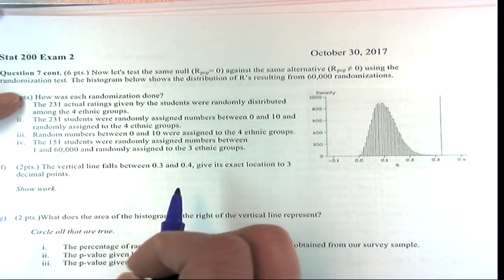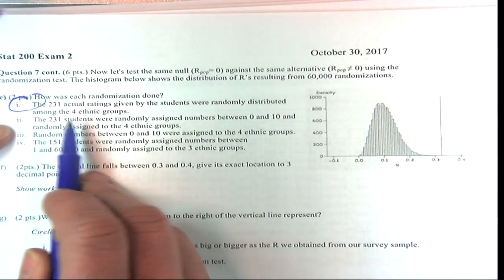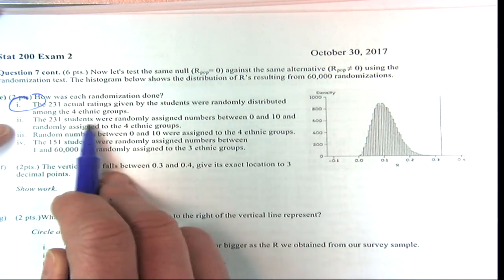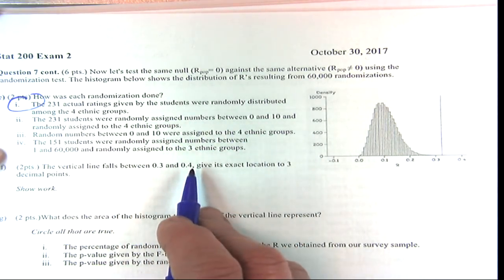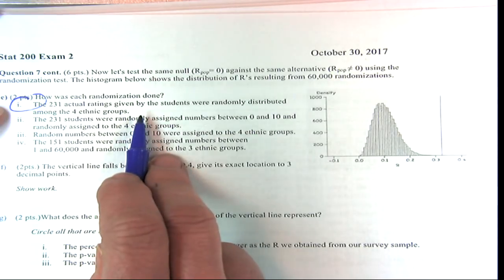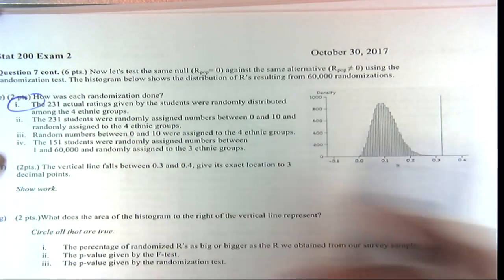Yeah, that looks right. Wait a minute, maybe it's not. Let's see. Read all of them. The 231 were randomly assigned numbers, no. They were randomly distributed among the 4 ethnic groups, keeping those numbers the same. It wasn't like they made 4 even groups. But this is the only one that makes sense.